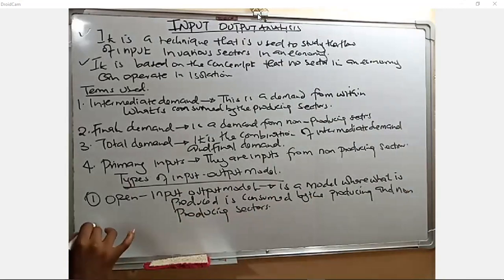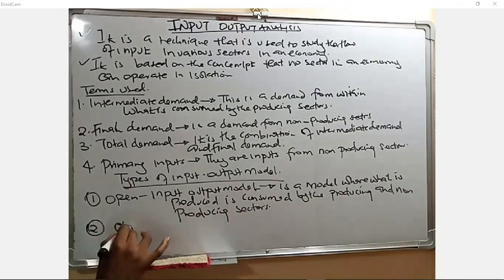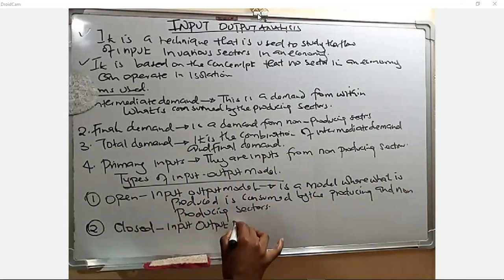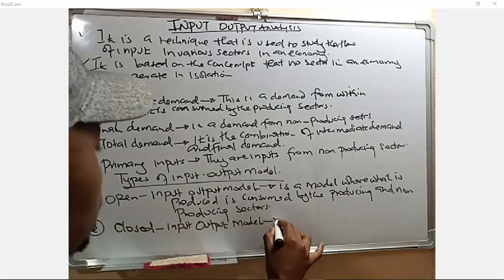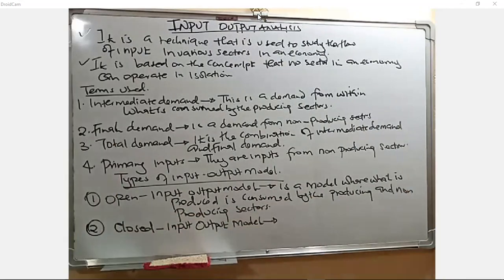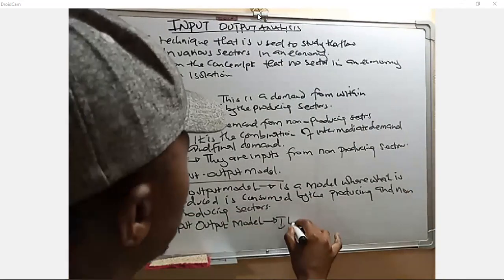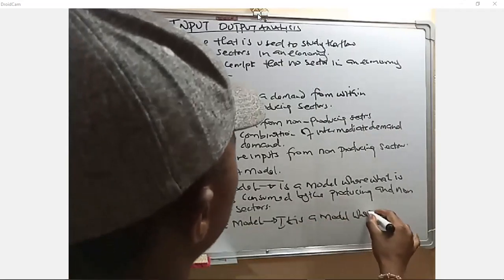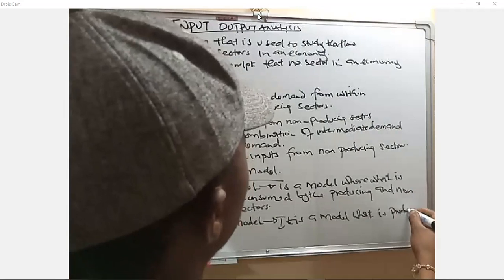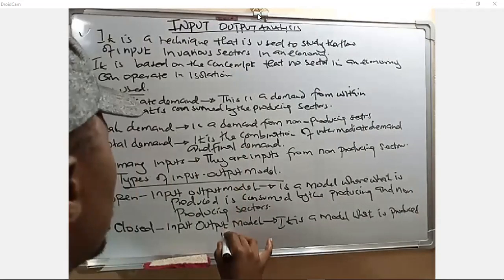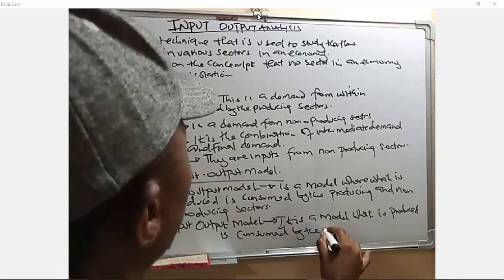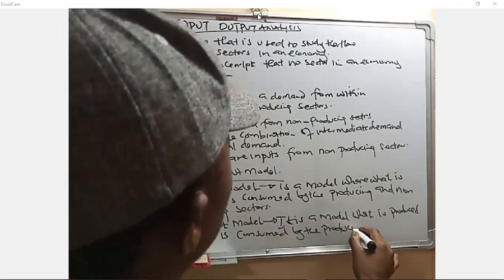But number two, when you look at the closed input-output model, it is a model where what is produced is consumed by the producing sectors alone.